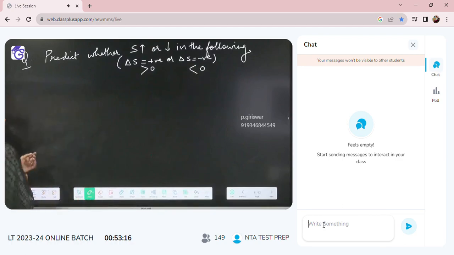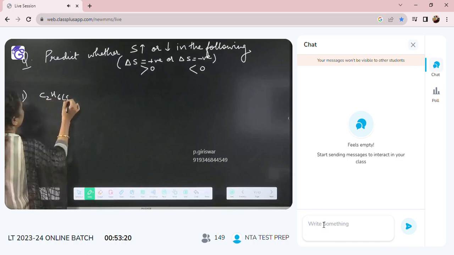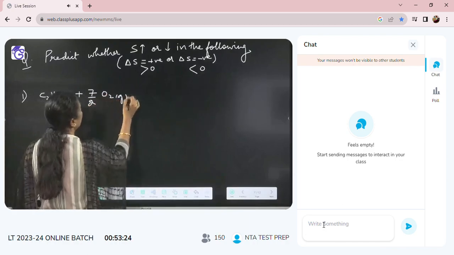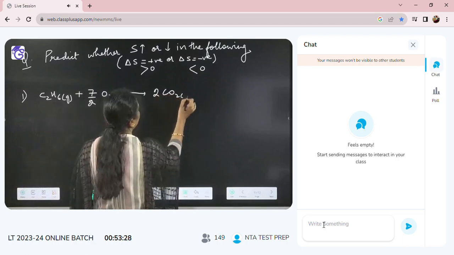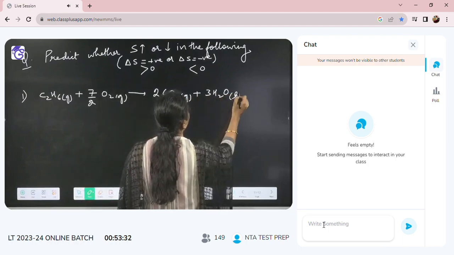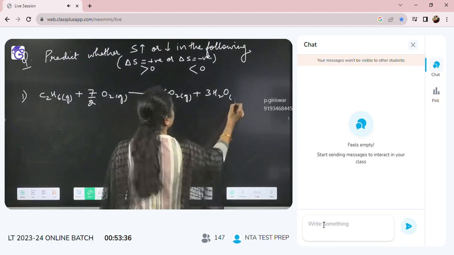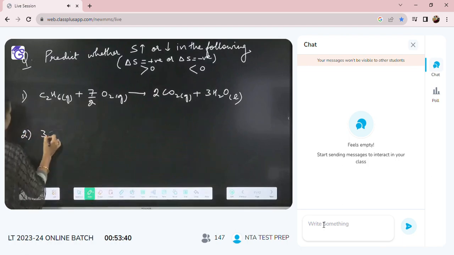Okay. Now, first one I am writing: C2H6 gas plus 7/2 O2 gas giving 3H2O liquid. As such, I am giving you a balanced equation. Make sure every time you are balancing an equation, or checking whether the equation is balanced or not. Second one, 3C2H2.